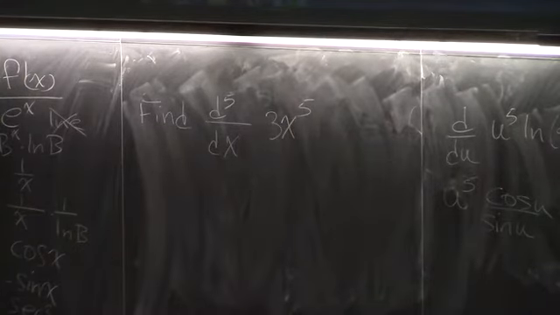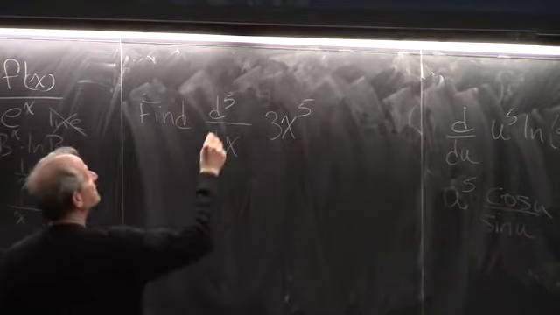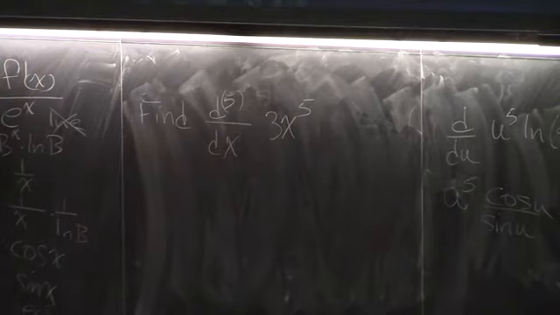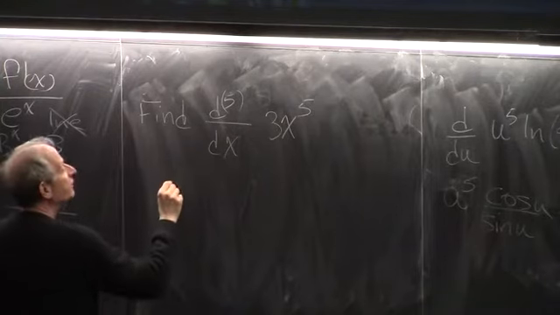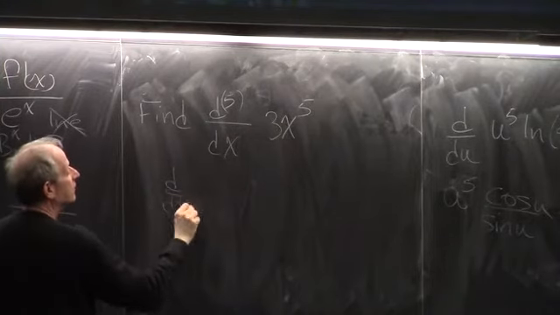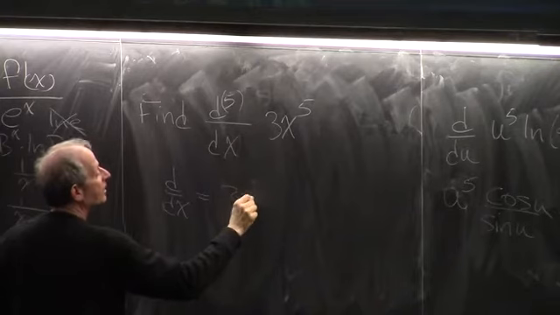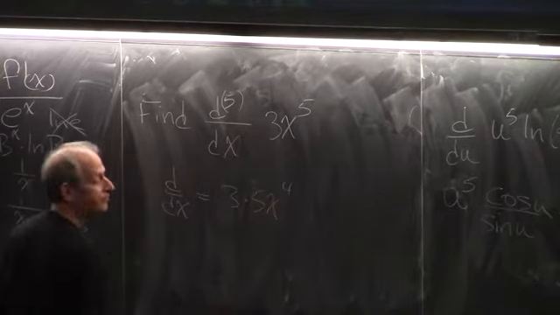What if you had to do that? What if I said find the fifth derivative? 3x to the fifth. Very good. All right. So let's see what that does. The first derivative is 3 times 5x to the fourth.